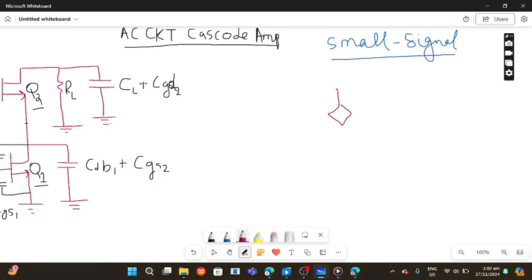It is similar to the previous one. Here we have RL, here we have both those capacitors. Now I will just make them grounded. It was CL plus CGD2.